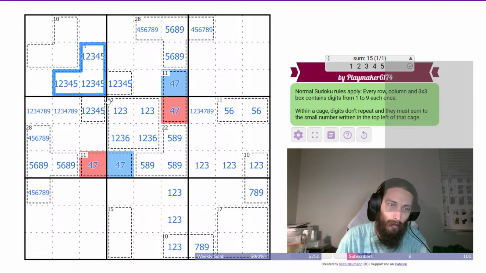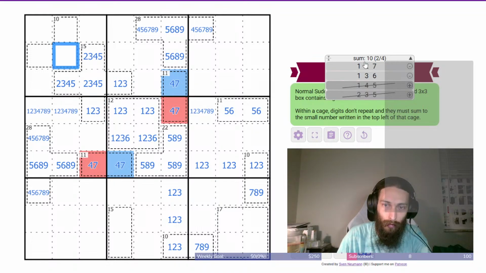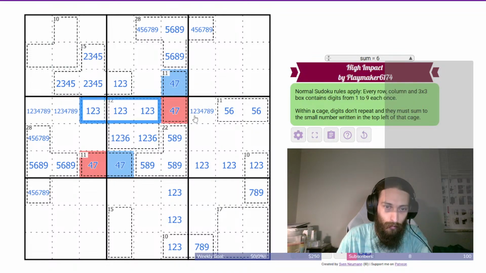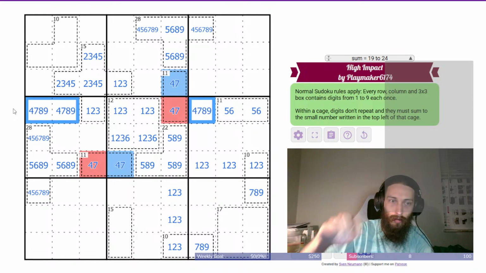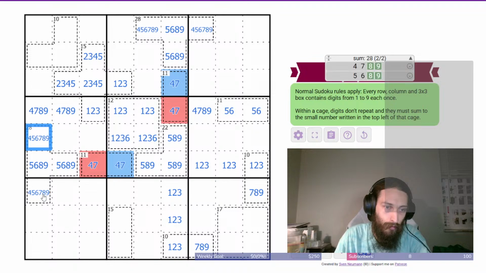So we know that 1 gets pushed out, and the other has to be from 2 or 3. So now that's our 1, 2, 3 there, so that takes it out of those. And we have 4, 7, 8, and 9. And this could be 4, 7, and an 8, 9 pair here.